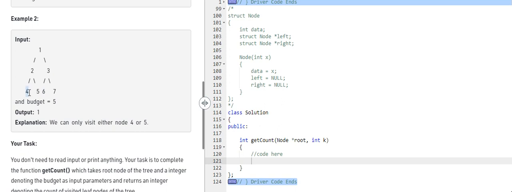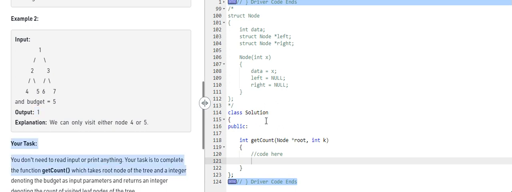For reaching 4 we spend 3 of the given budget, so the budget remaining is only 2. We cannot reach another leaf node because the minimum cost is 3, and we have only 2 remaining after visiting any leaf node. So we can only visit one leaf node.